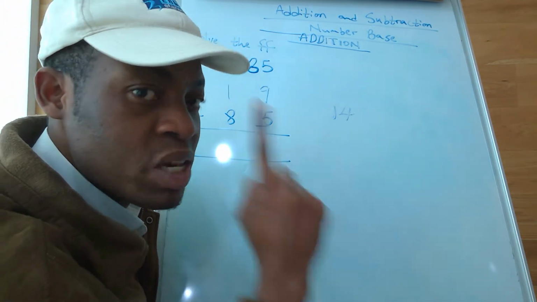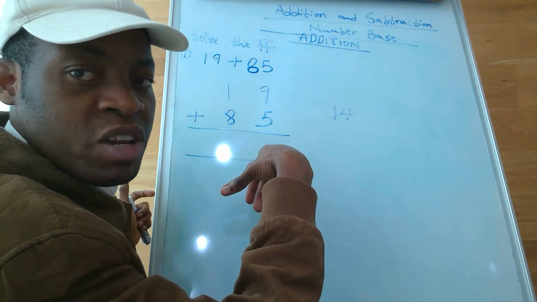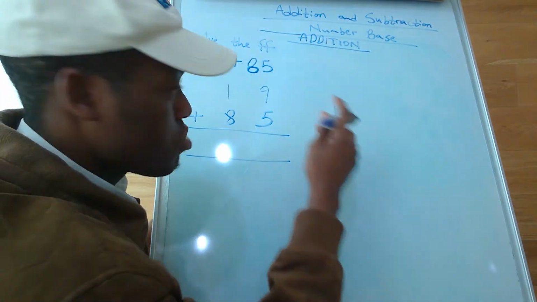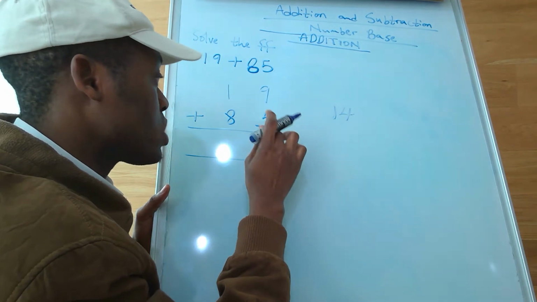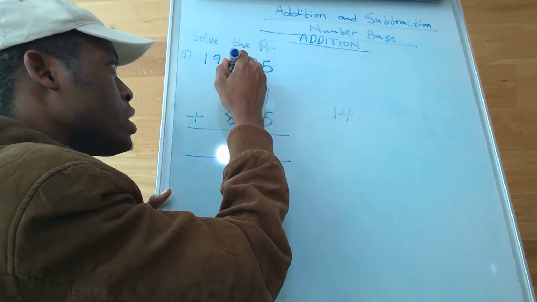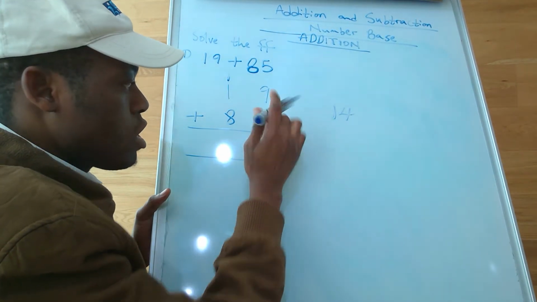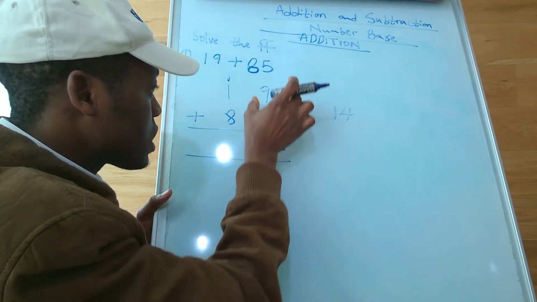One bundle of any base, when you are adding, we add 1 to the next available number. Immediately you get to 10, it becomes 0 and it will add 1 here. Don't forget we have not finished counting. Then 1, 2, 3, 4 again. Then the 4 is our answer for this line.